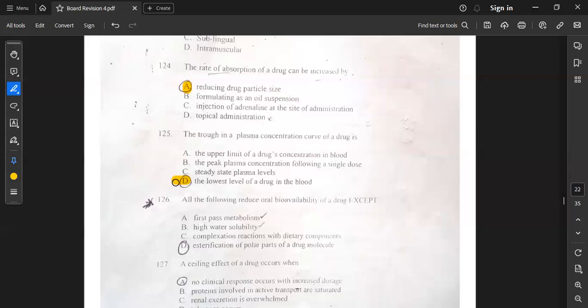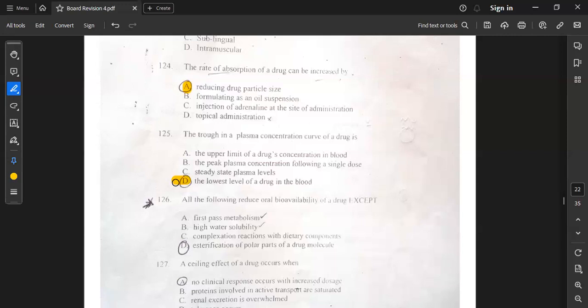Confirm and let us know. What I've seen is that highly hydrophilic drugs find it difficult to cross the lipid layer, so there's low absorption.